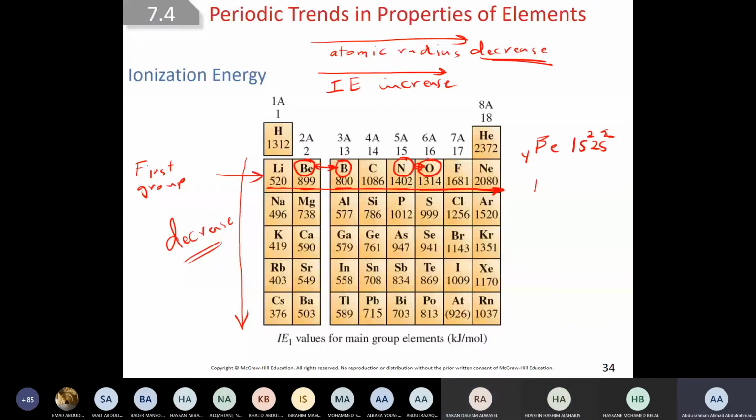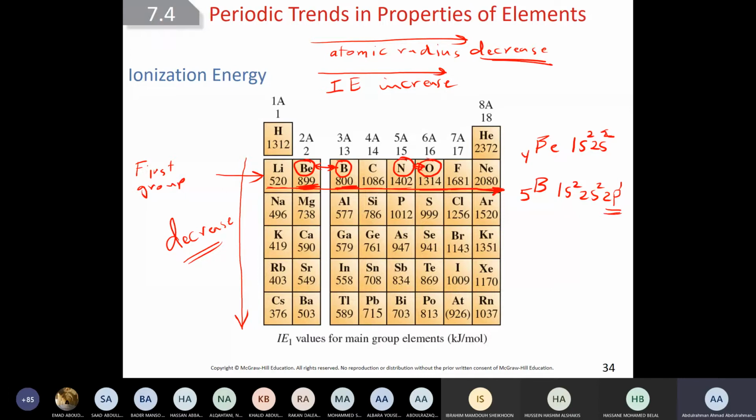How about B, which is 5? 1s2, 2s2, 2p1. Since the energy here is less than here, what's the reason? B is bigger in size, because we start a new energy sublevel, 2p. Is this clear? That's why the value decreased in this case, but then starts increasing again.